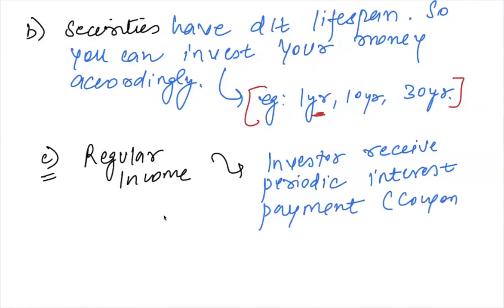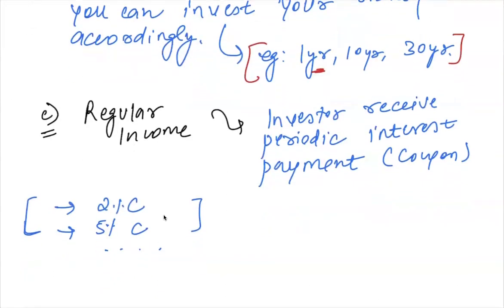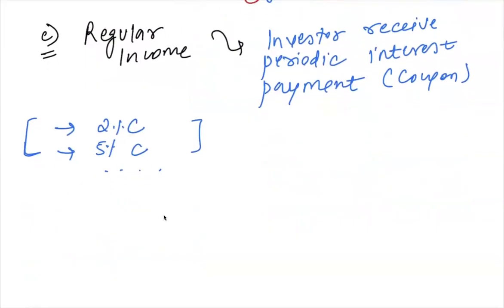So you will see every fixed income security will have a certain coupon attached to it. It can be a 2% coupon bond, or a 5% coupon paying bond, it can be anything, 4%, 3%. So the good thing is that when you are buying, you know how much money you will get at every interval of time, right?